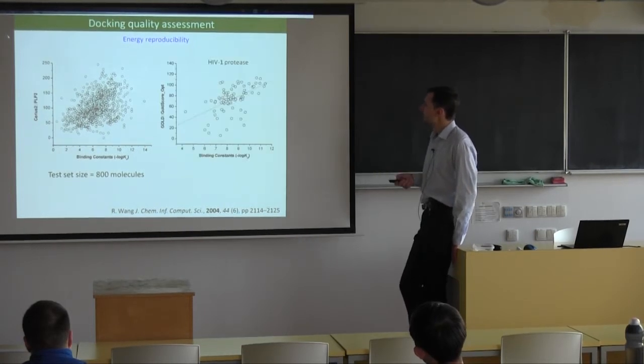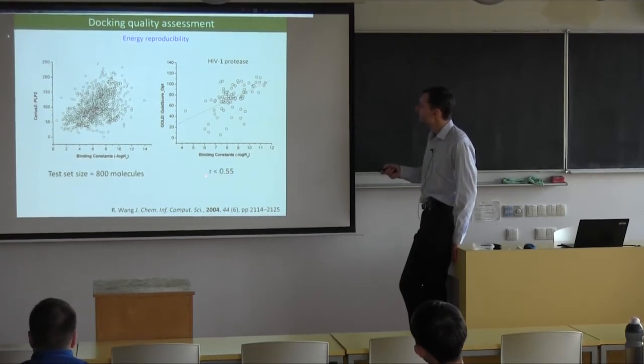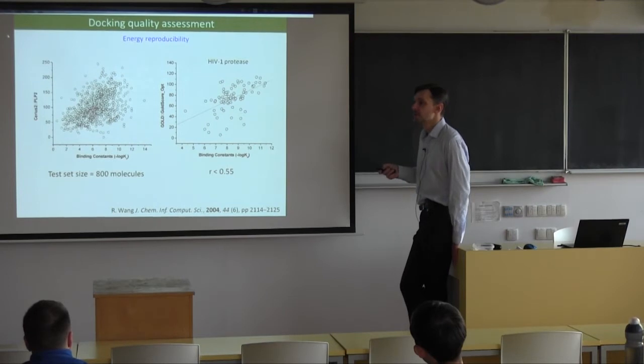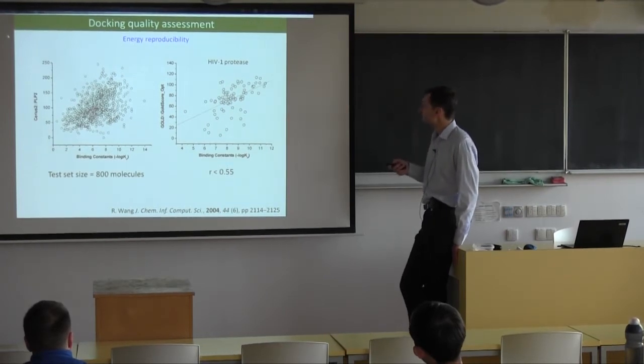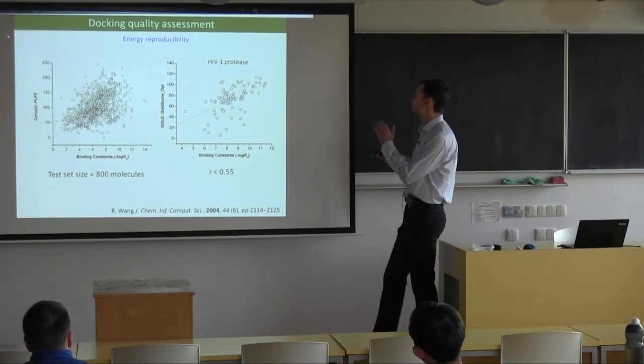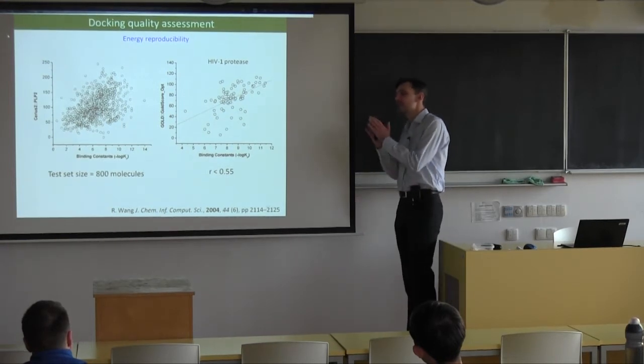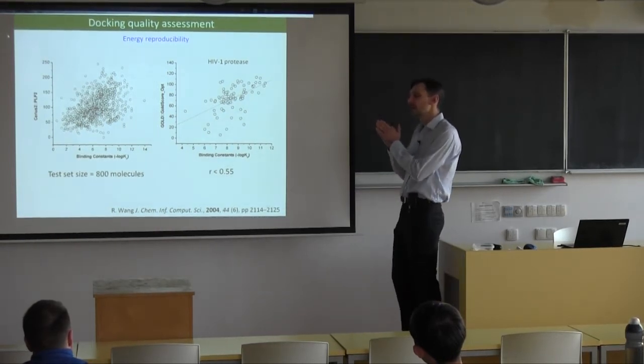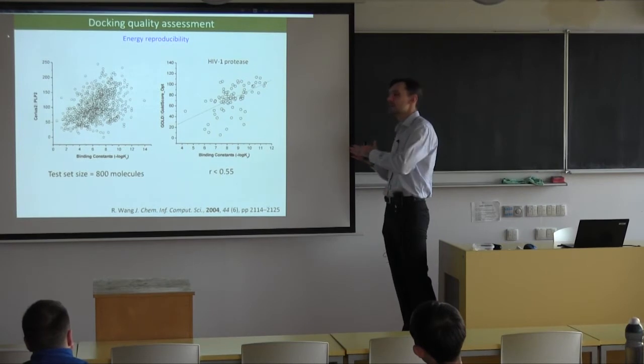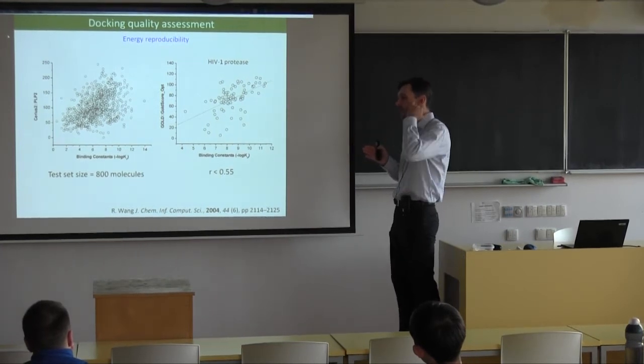However, if you select a particular target, the situation can be much better, and you can observe a more or less nice correlation, which means it returns more reasonable results for this single target, but it cannot be compared to results obtained for another target, for example.